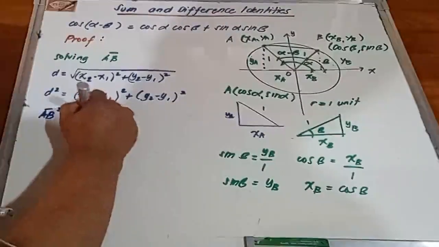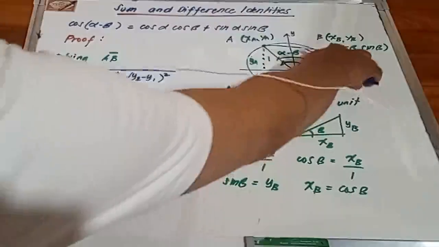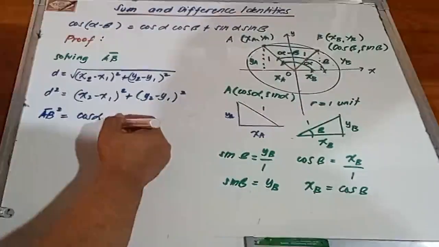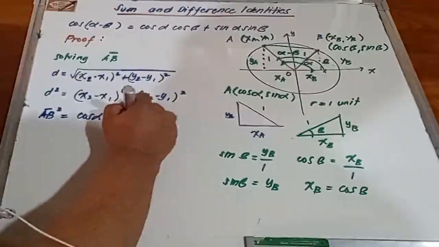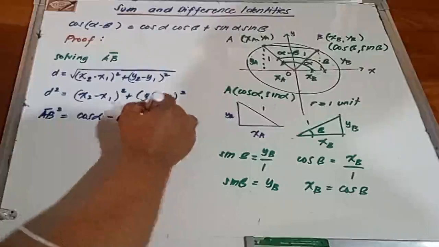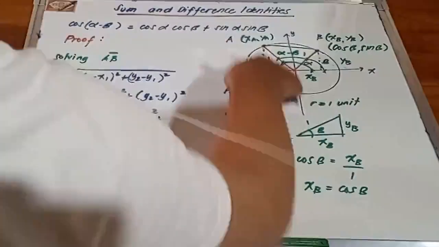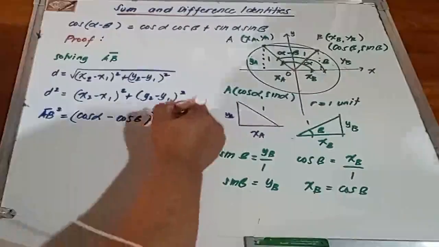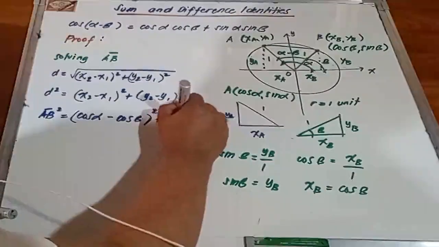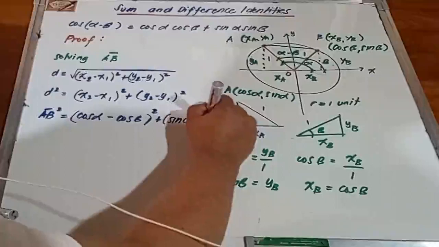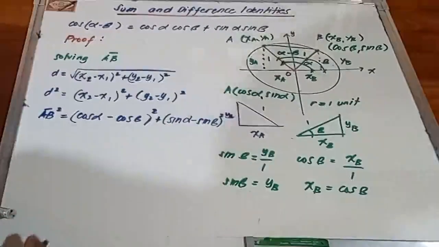Cosine alpha minus cosine beta, ang x sub 1 natin, squared, plus sine alpha minus sine beta. Sine alpha minus sine beta squared. Okay.